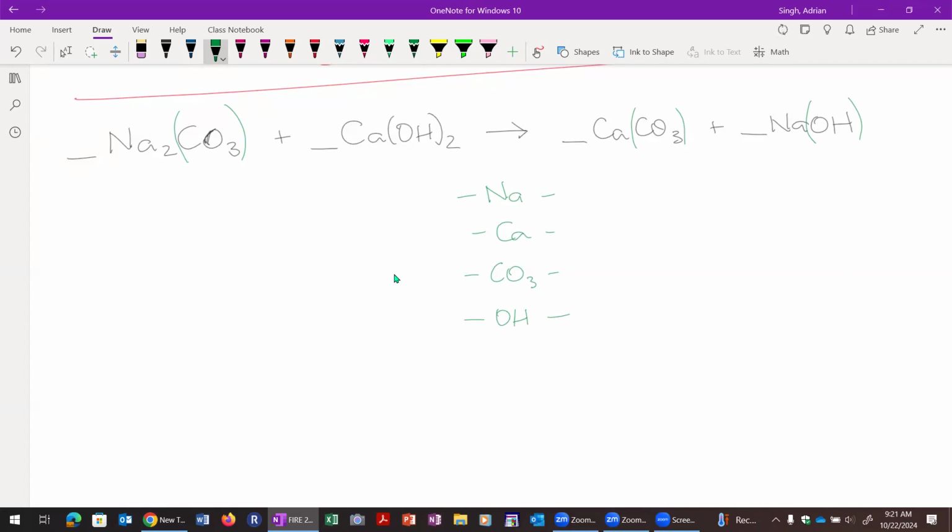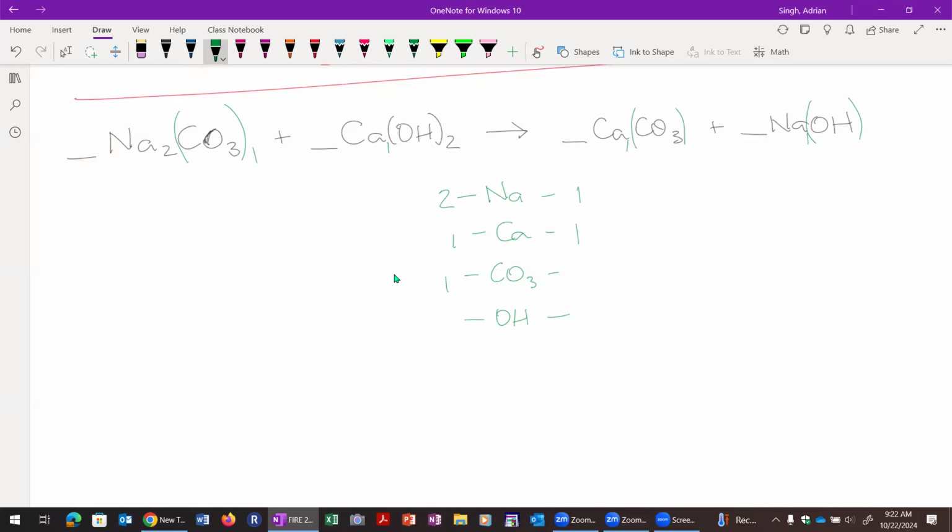Okay, and then I can go ahead and make my inventories. I have two sodiums on the left. I have one sodium here on the right side. Calciums, I have one calcium here on the left. I have one calcium on the right. And now my carbonate. So look at outside the parentheses, one carbonate, and the carbonate is CO3.